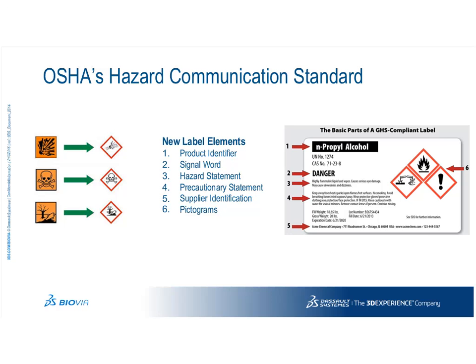And then everyone will be responsible for having key elements like the product identifier, what is it, a signal word, whether it's a warning or a danger, the hazard statements, the precautionary statements, as well as the identification and a reference to the safety data sheet for additional information. So what we're going to see from an end user's perspective is as we're receiving new materials, they should start having the new GHS appropriate labels on them. So that's a manufacturing requirement.